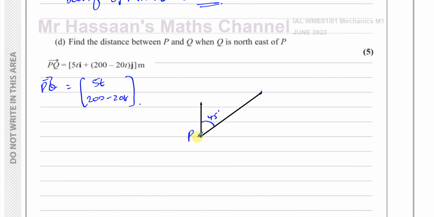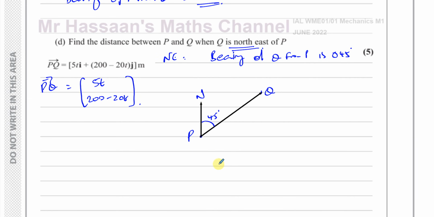Due northeast means exactly between north and east. Okay, northeast of P, that means the bearing of Q from P is 45 degrees. That's what northeast means, exactly between north and east.